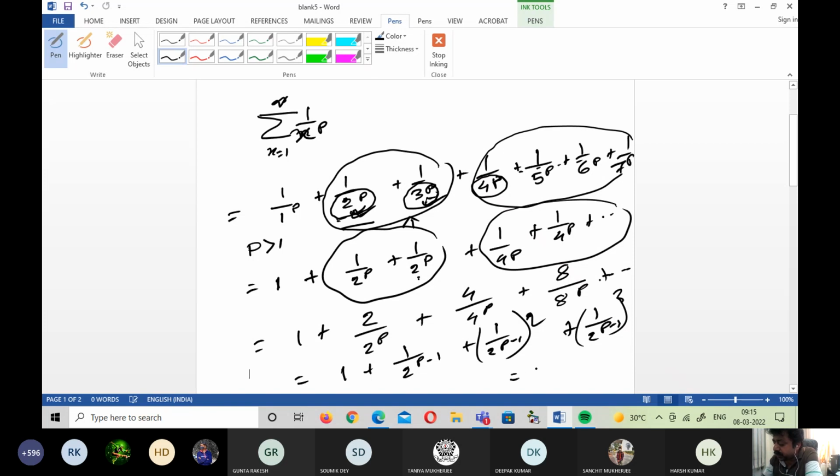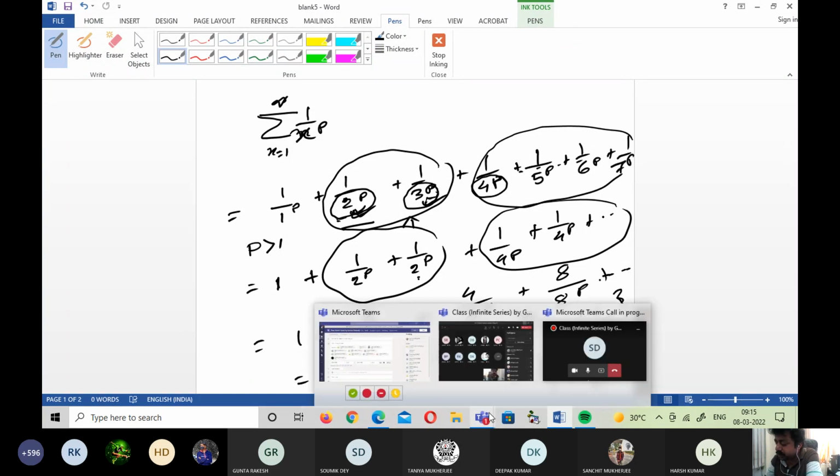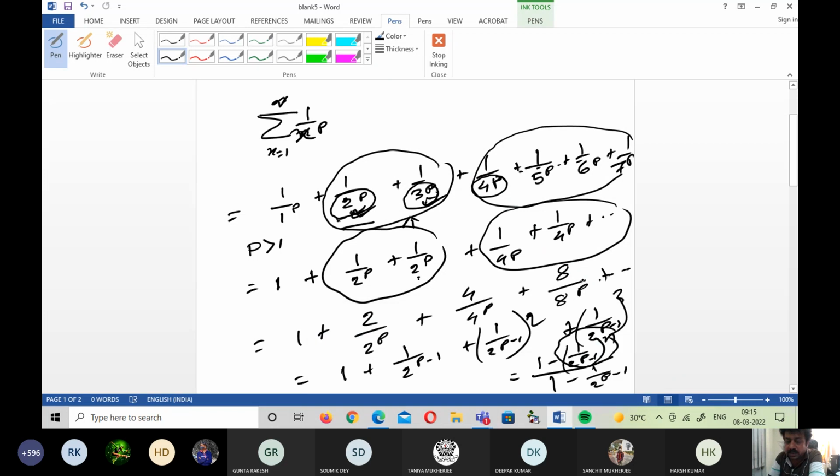So the sum will be 1 minus 1 by 2 to the power P minus 1 to the power n by 1 minus 1 by 2 to the power P minus 1. Can it be written? So this will go to show the maximum, it will go to a finite limit. Is it true or not?